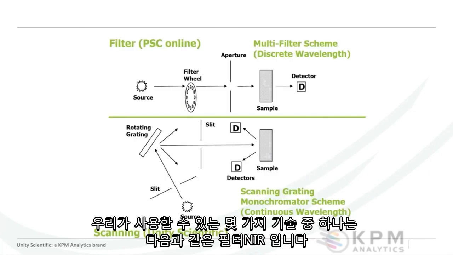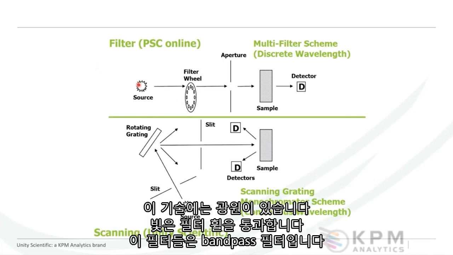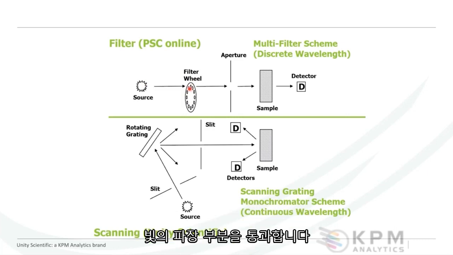A couple of the technologies that we've got available within KPM, one of which is a filter instrument. It's from Process Sensors, also from SensorTech. In this technology, we've got a light source. The light passes through a filter wheel. These filters are bandpass filters, so they let a wavelength segment of light pass through.